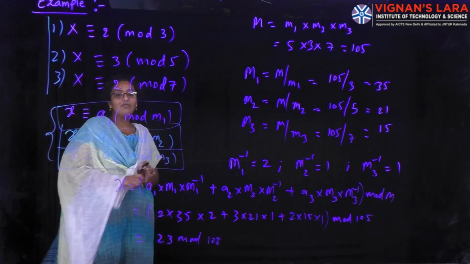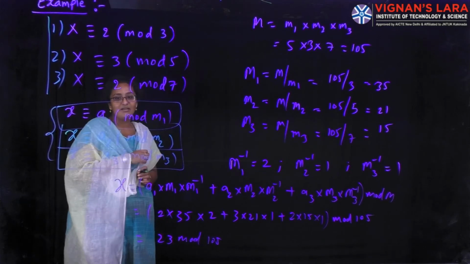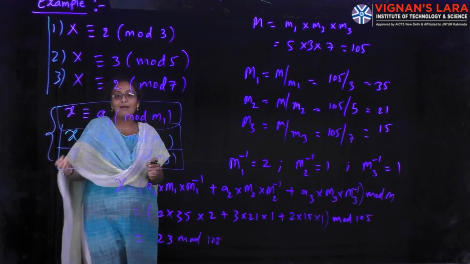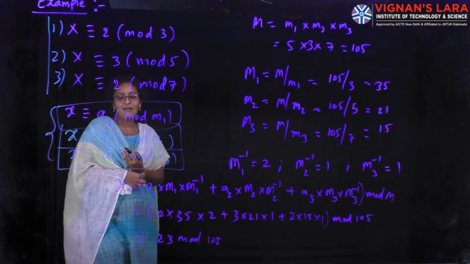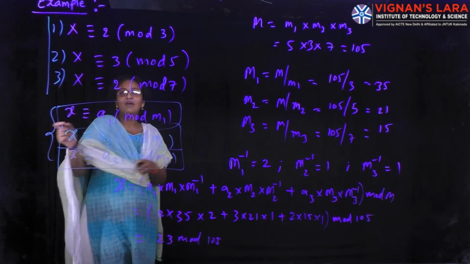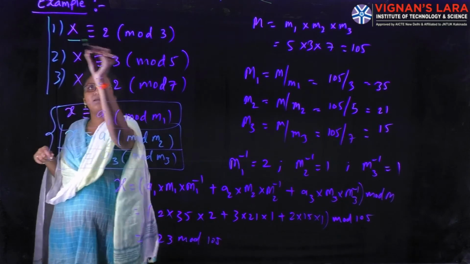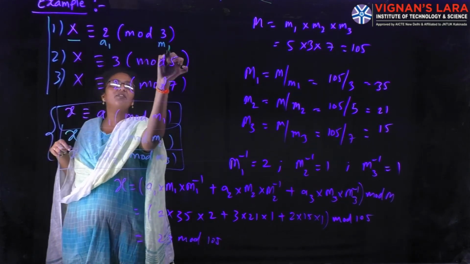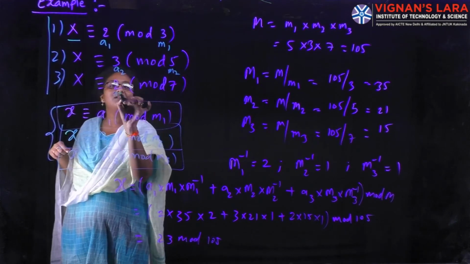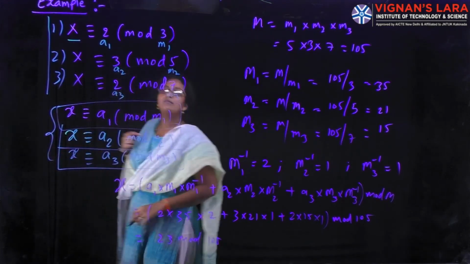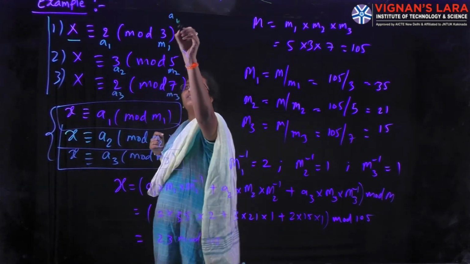So actually we are doing the example for Chinese remainder theorem now. To do the example, we have to compare with the statement, right? While comparing to the statement, x congruent to a1 mod m1, a2 mod m2, a3 mod m3. Now what is the value of a1? A1 equal to 2.